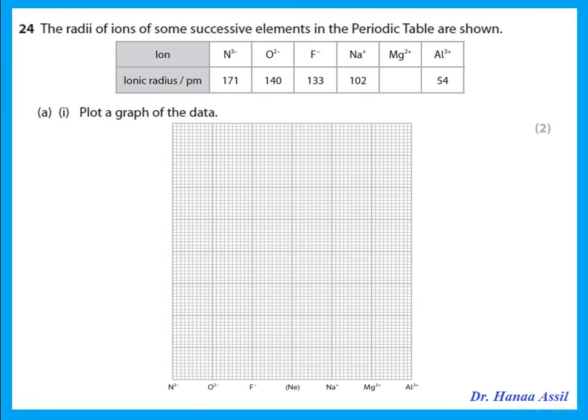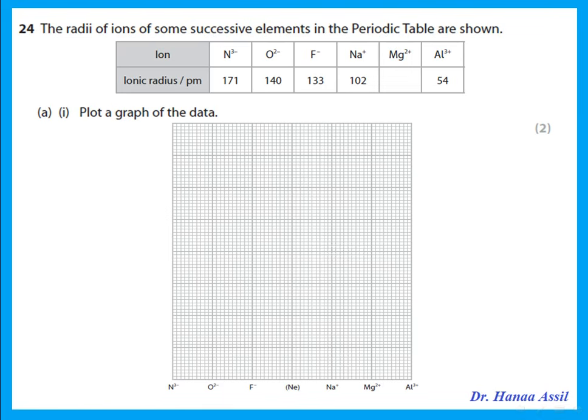The next question is talking about radii of ions of some successive elements in the periodic table. And he's saying, plot the graph of the data. So he gives me the ion and the ionic radius. If he does not label the y-axis, then you have to label it and you have to divide it. So how are we going to divide it?